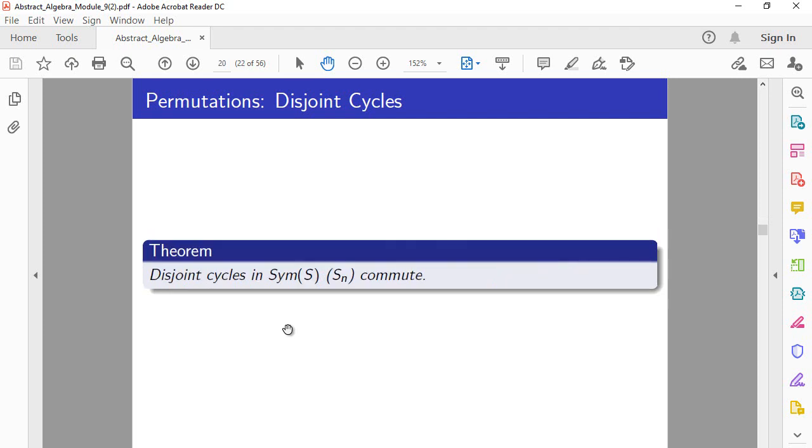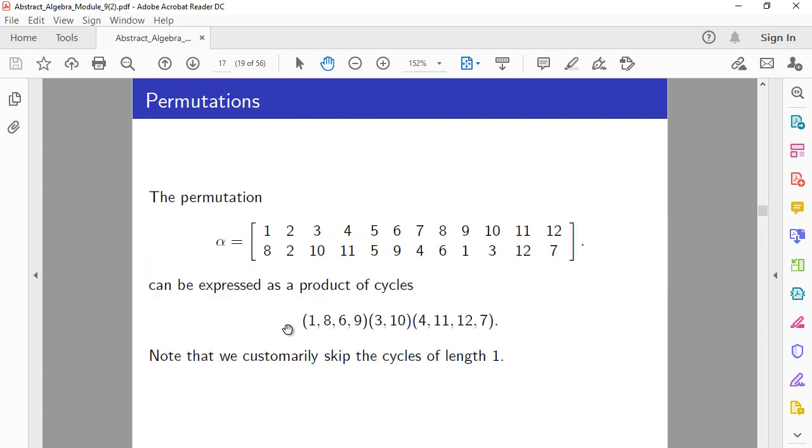Disjoint cycles always commute. That is, if alpha and beta are disjoint cycles, then alpha beta is the same as beta alpha. So if I go back here, this is a product of disjoint cycles. If I rearrange these cycles, it doesn't change the outcome.